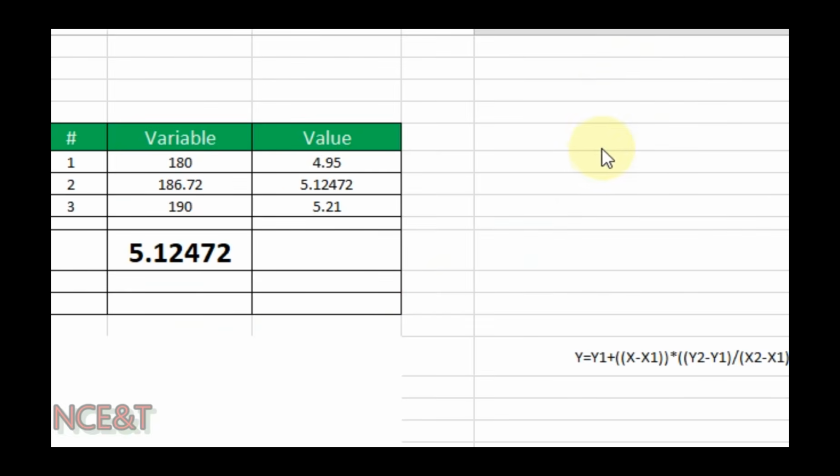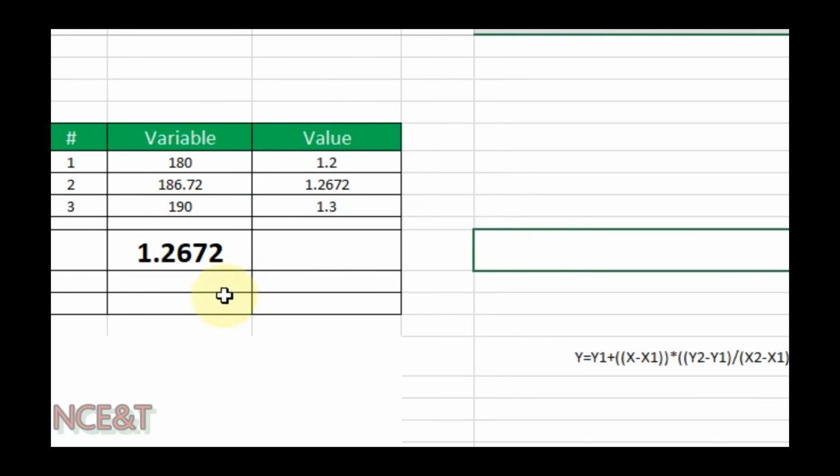Similarly, for 180 GPM we have the head loss 1.2, and for 190 GPM we have the head loss 1.3. Then for 186.72 GPM we will have the head loss 1.267, or we can take it 1.27 psi per 100 feet.